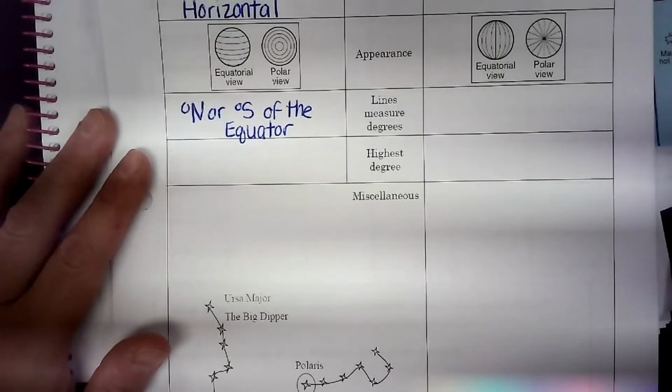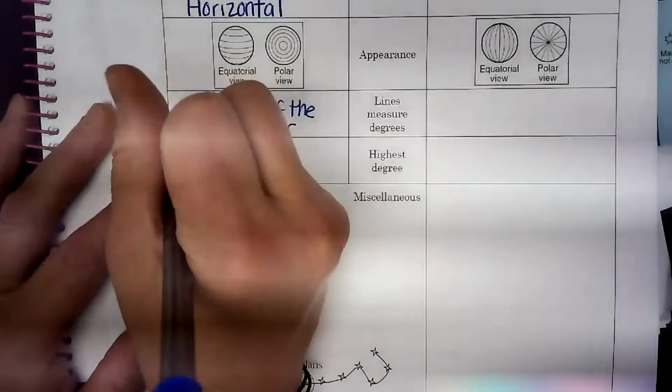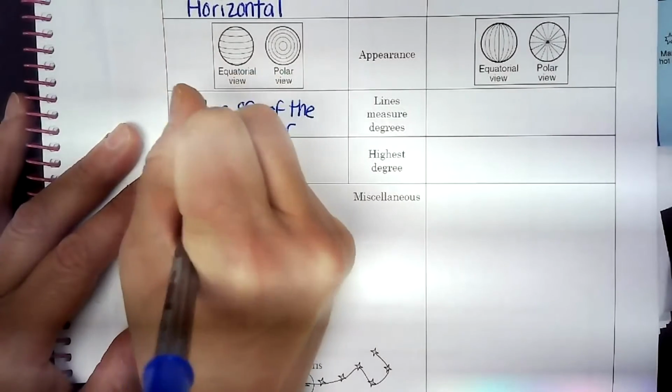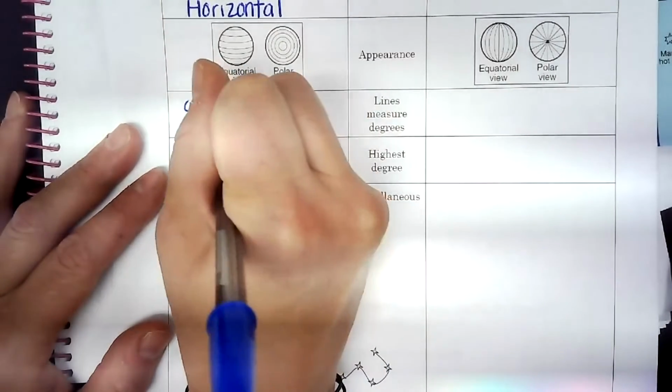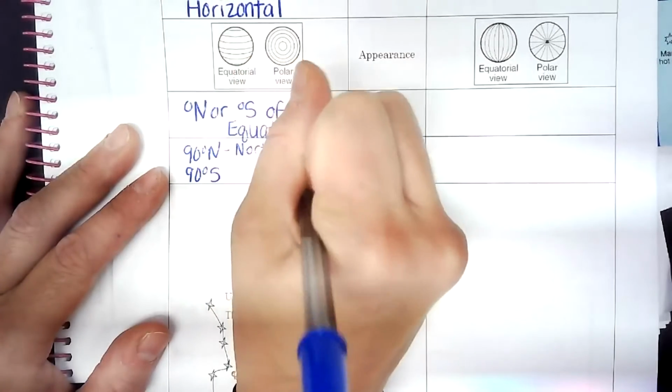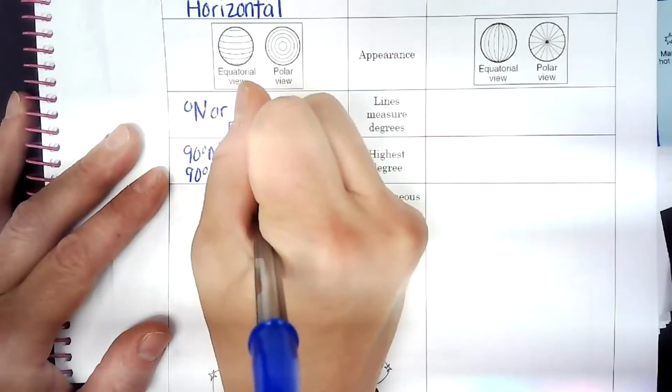And the highest degree, what did you guys find for that one? 90. 90 degrees north and 90 degrees south are the highest degrees. This is the North Pole and then the South Pole.